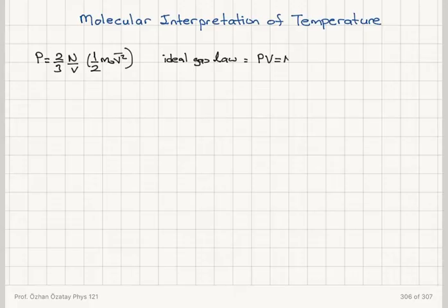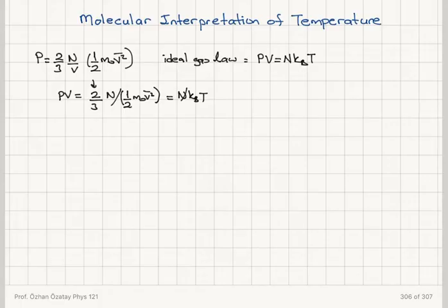Pressure times volume is number of molecules times Boltzmann constant times temperature. So if I take this equation, multiply it with volume, I get PV is equal to 2/3 N 1 over 2 m0 v square bar. And according to the ideal gas law, this should be equal to N kBT.